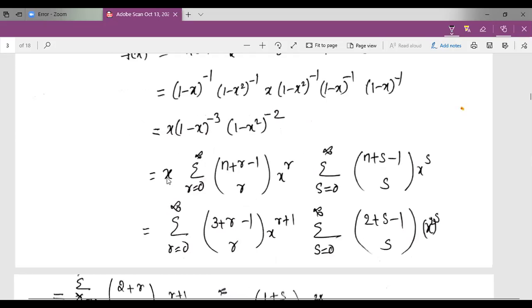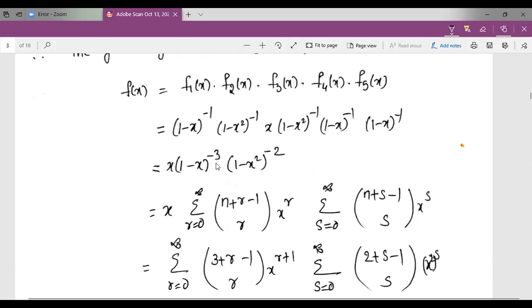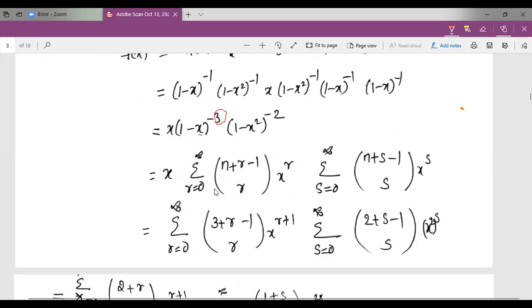So here the x bases are equal, the powers add, and we get the term x^(r + 1). In this function n is equal to 3, and x is x itself. Okay. So we substitute n = 3: C(3 + r - 1, r) x^(r + 1).